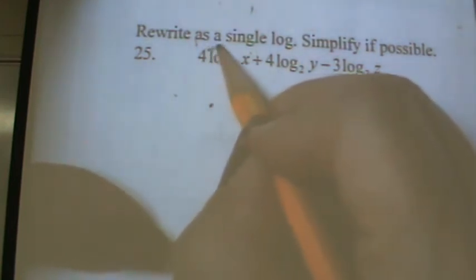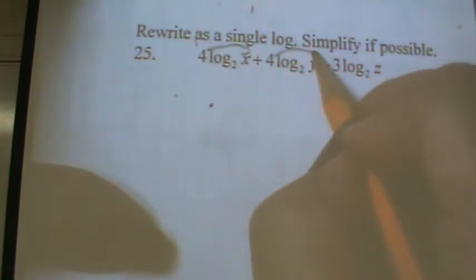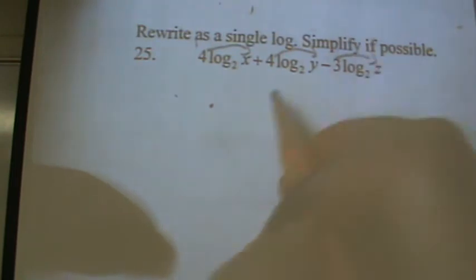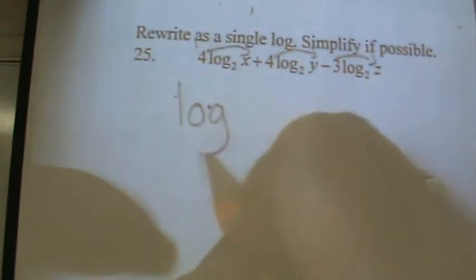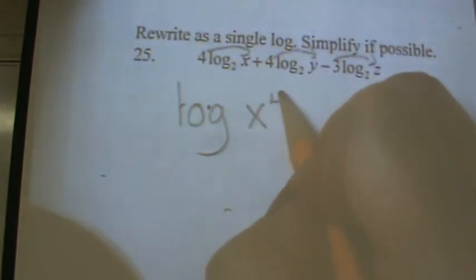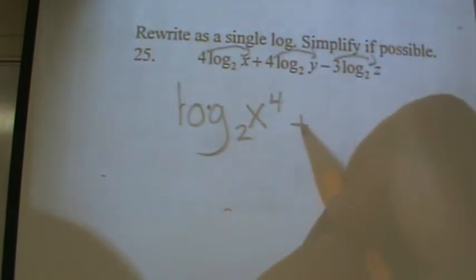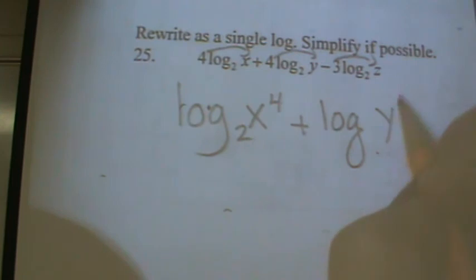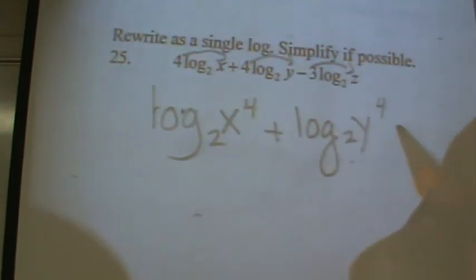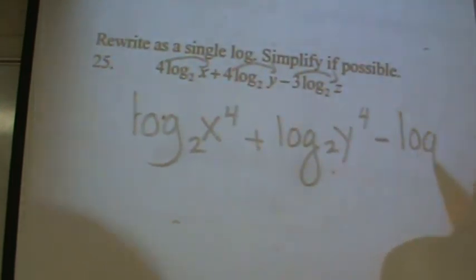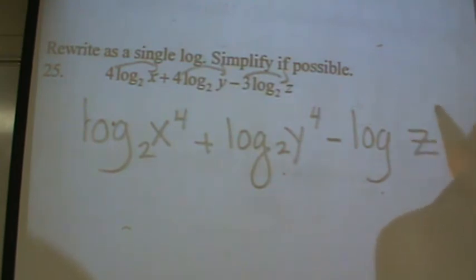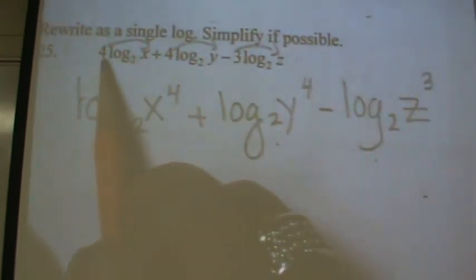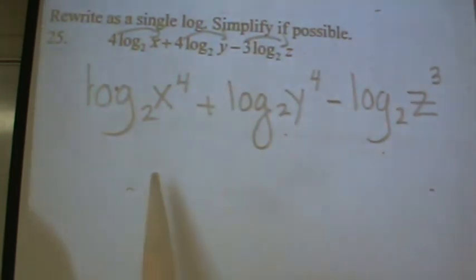I'm gonna back these powers up first. Let's do that. Log of x to the 4th power base 2 plus the log of y to the 4th power base 2 minus the log of z cubed base 2. So all I did was bring my powers back. Now, how am I gonna simplify?